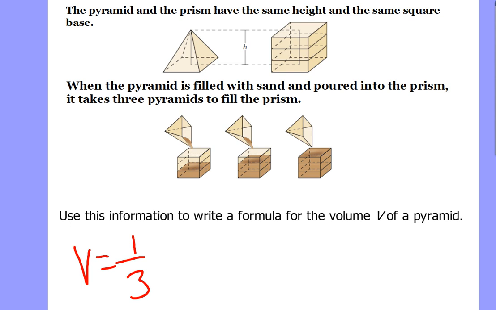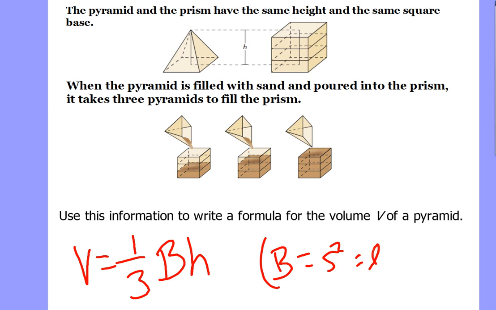And if the whole prism is big B, the area of the base, times the height, where big B is equal to side squared if it's a square, or length times width if it was a rectangle, or whatever the case may have been.